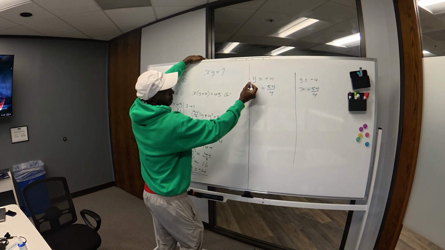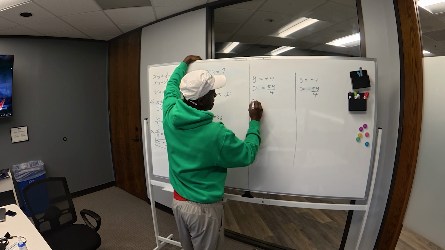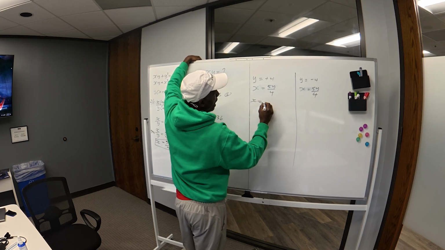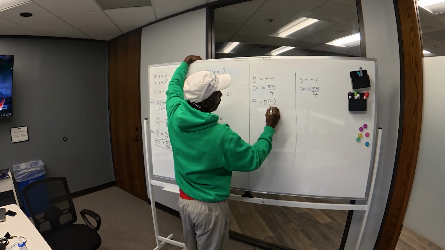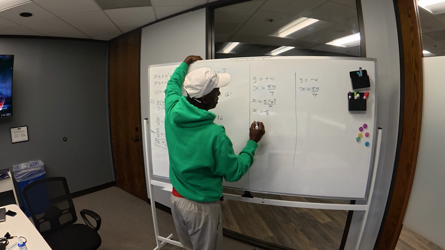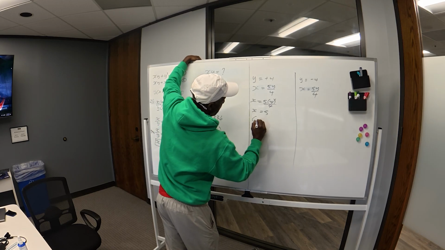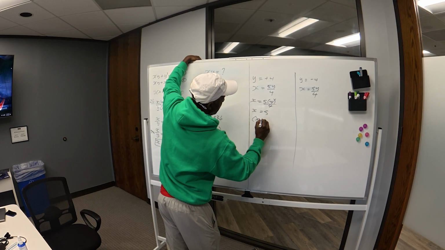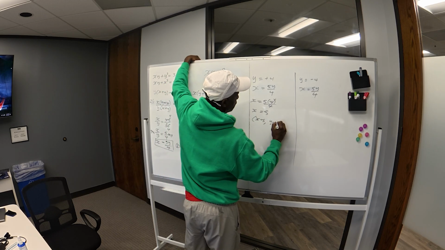Let's substitute 4 for y, so x is equal to 5 outside of 4 divided by 4, cancel out, x is equal to 5. So when x is 5, y is 4.